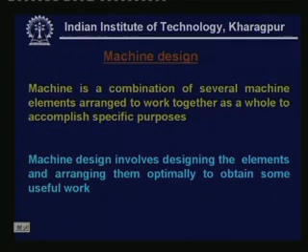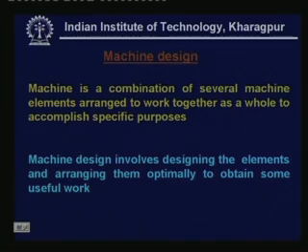Overall, we have learned that a machine is a combination of several machine elements arranged to work together as a whole to accomplish specific purposes. Machine design involves designing the elements and arranging them optimally to obtain some useful work.